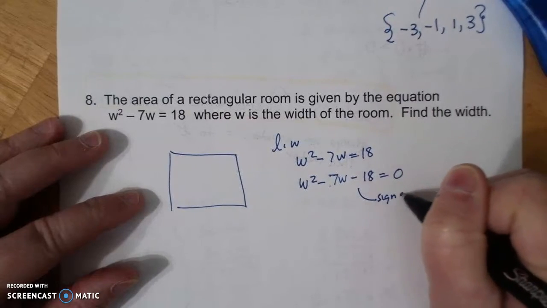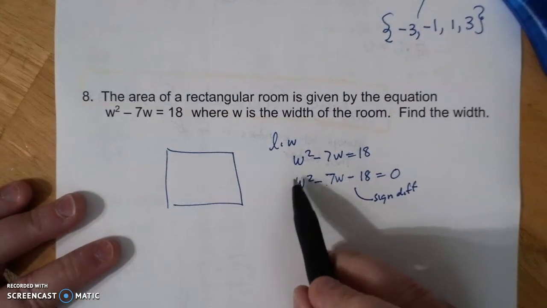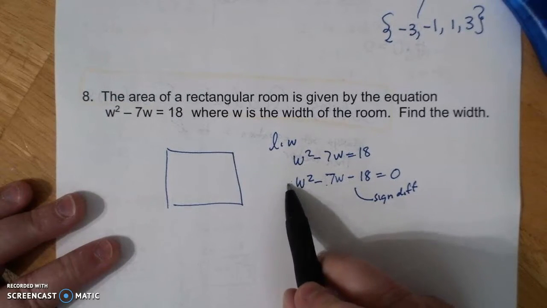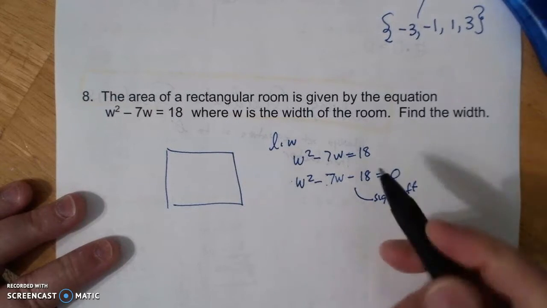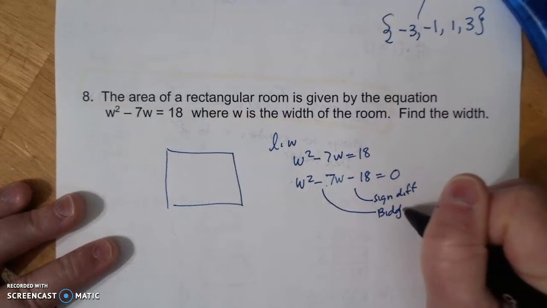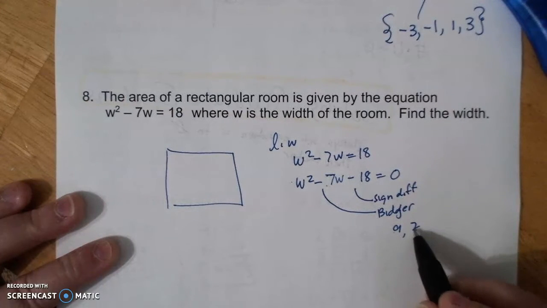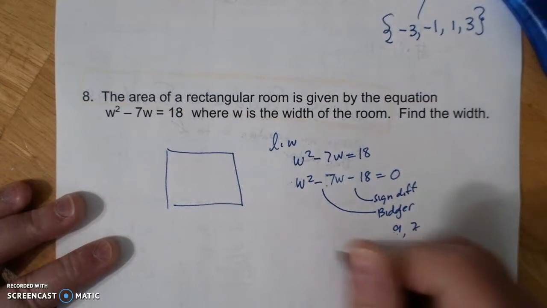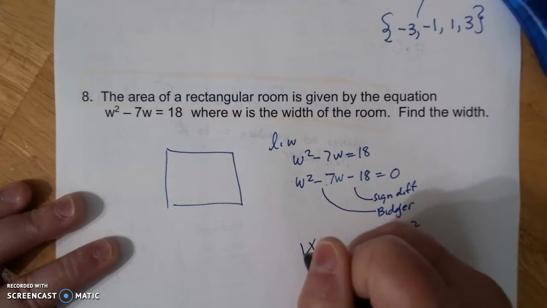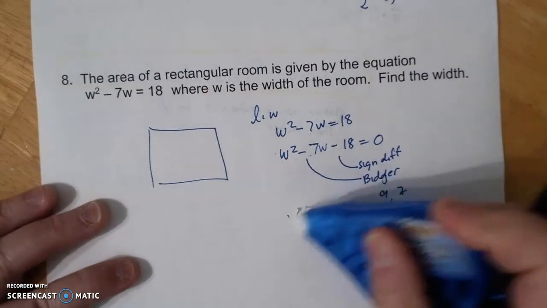Signs are different. I especially do this when the coefficient of the leading squared value is 1. Bigger is negative. 9 and 2. 9 times 2 is 18, and 9 minus 2 is 7. So it's w minus, oh, that's sloppy. Try that again.